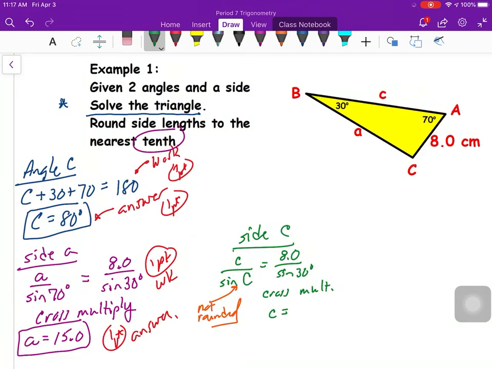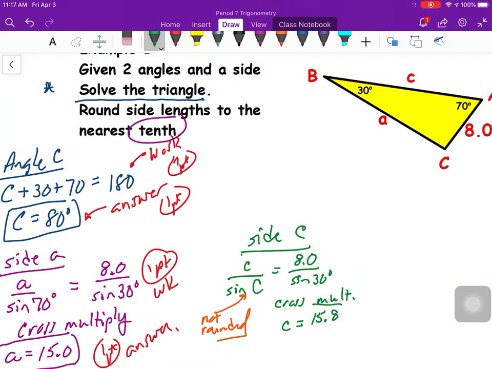And once again we cross multiply. If I do that, I come up with little c equals 8 times the sine of 80 degrees, the unrounded value, divided by sine of 30.